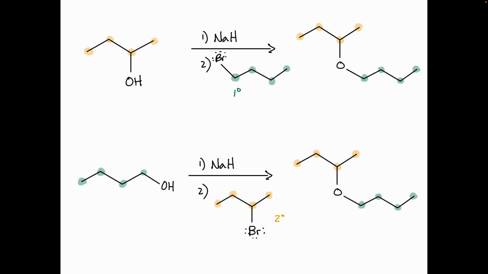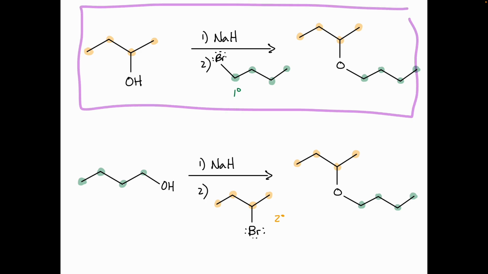That primary alkyl halide, right? So this top method here is going to be our preferred Williamson ether synthesis method for creating this asymmetric ether here, right? Again, we want our more accessible carbon to be on our alkyl halide so that our nucleophile can efficiently undergo this substitution reaction.